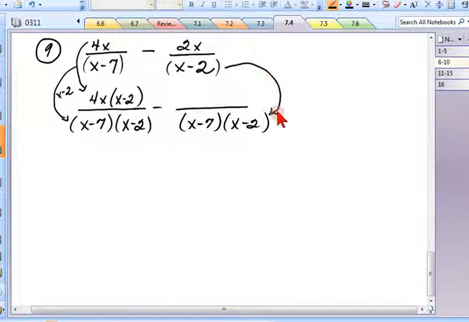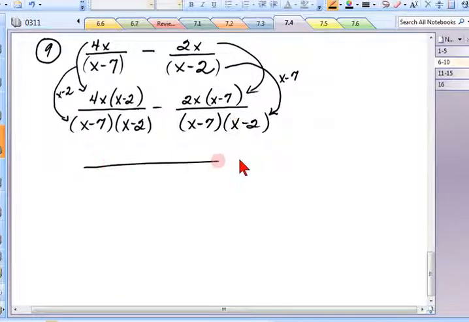Second fraction. What changed from the old denominator to the new denominator? x minus 7. So multiply the top by the x minus 7. You'll have a 2x times an x minus 7. Does everybody see where everything came from?